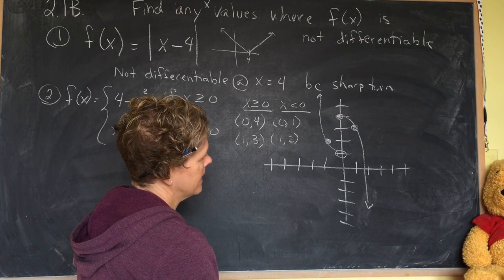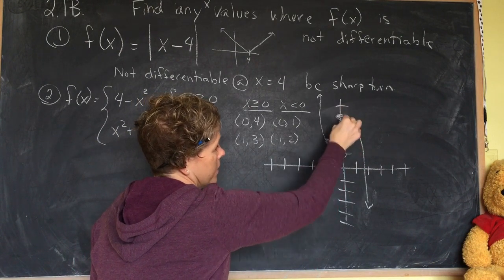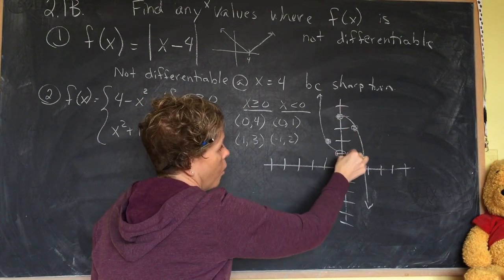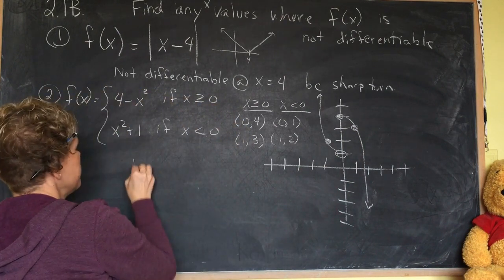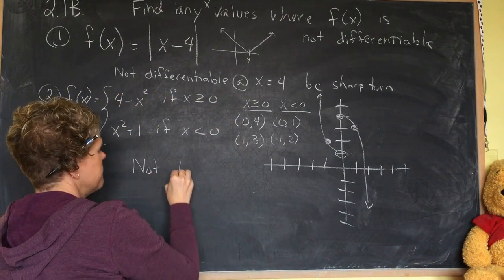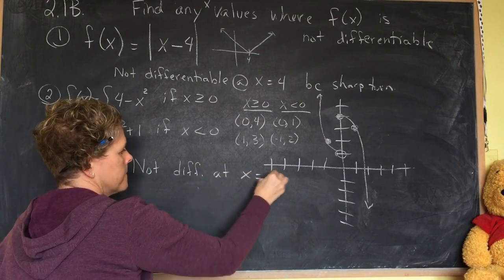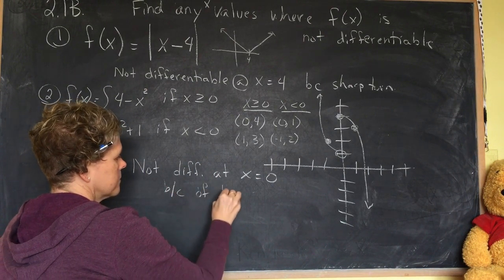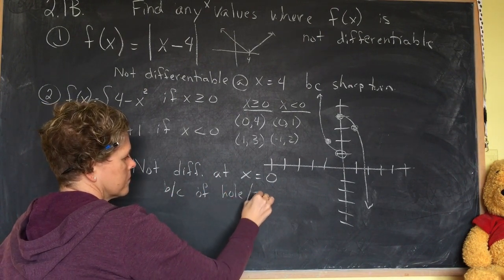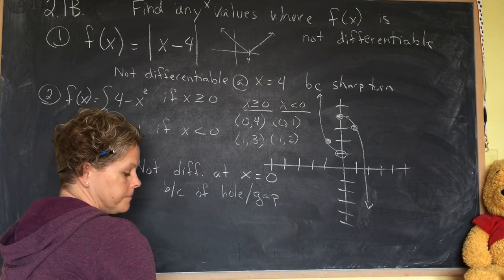I'm saying it's not differentiable at x equals 0 because there's this gap in the graph, and there's that hole right here. Not differentiable because there's that hole or gap in the graph.